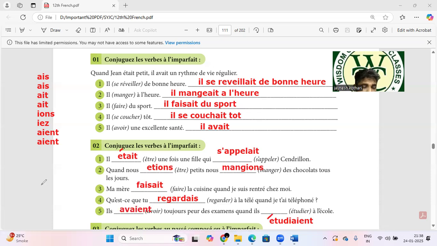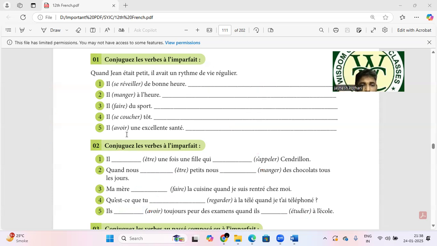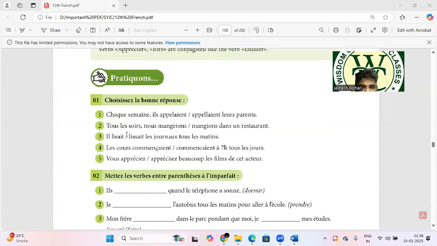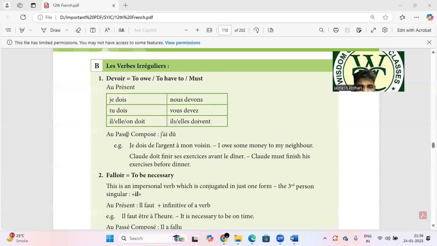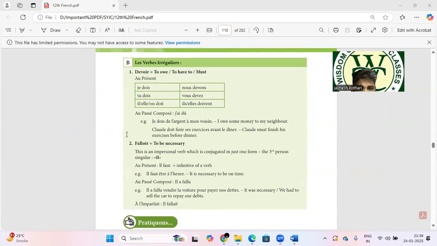Chalo, done. I'm going to rub this part now, students. So students, let's move forward to the next topic now. In this chapter, after imparfait, we hardly have two more verbs which you have to learn.